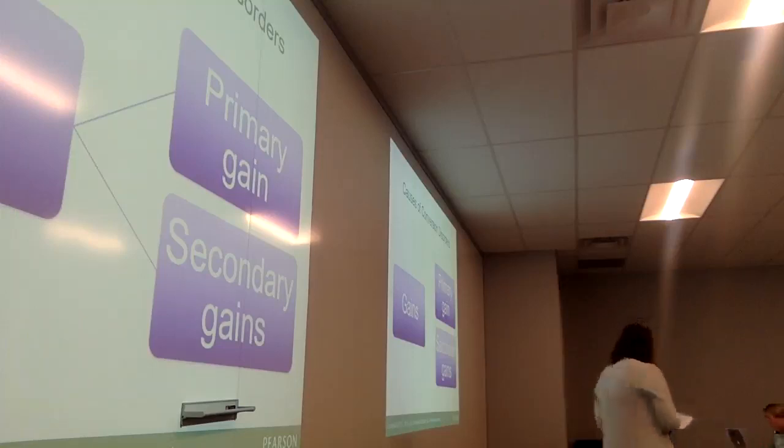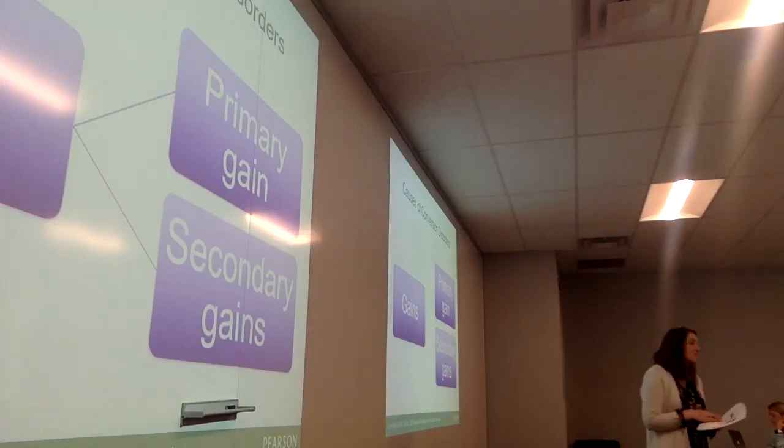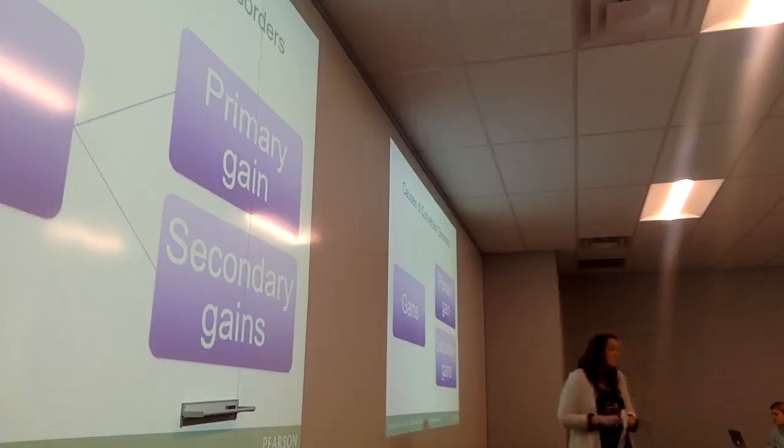So that's good. And then the secondary gains could also be financial assistance from people that you love or that love you. As in, they let you stay in their house and they didn't before, or they make you food and they didn't before. People care for people when they have physical illnesses that are pretty extreme or problematic.